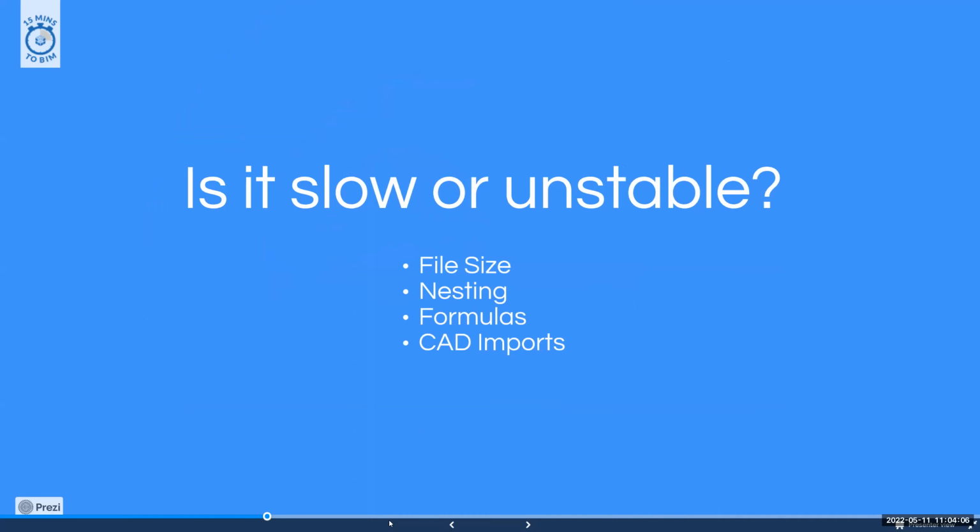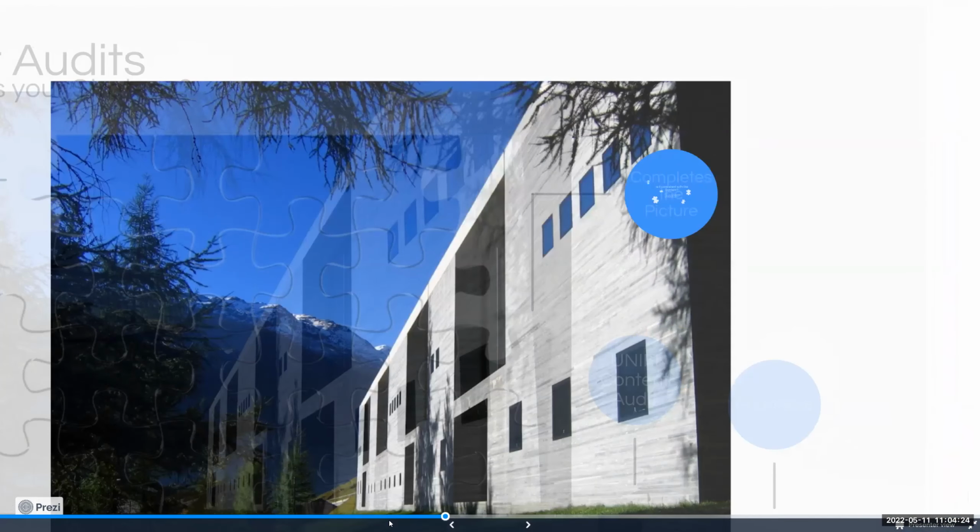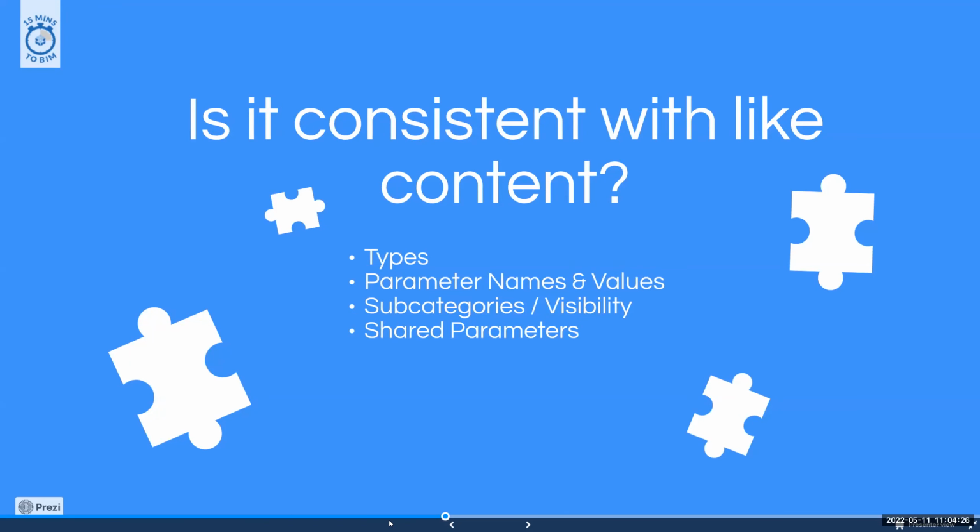Is there a ton of nesting in this thing that just makes it complicated and hard to use or hard to work on? Are there formulas that cause performance issues, CAD imports that bloat and cause all kinds of corruptions and other fun issues?